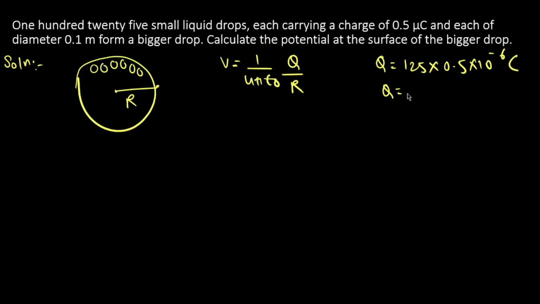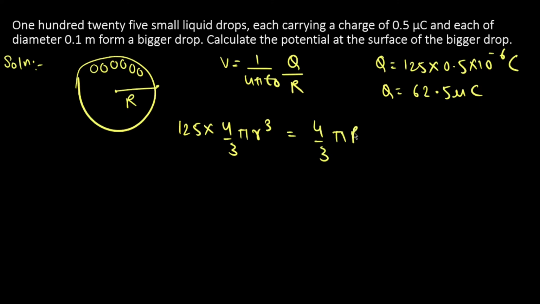So the total charge on the bigger drop will be 62.5 microcoulomb, and we also need to find out the radius of the bigger drop. So we can say that 125 into 4 by 3 pi r cube, that is the volume of one small drop, is equal to the volume of the bigger drop.